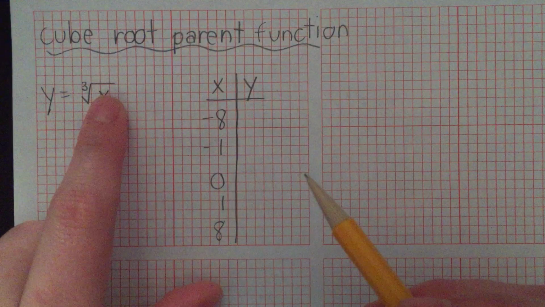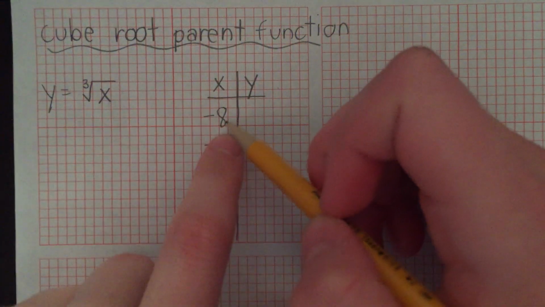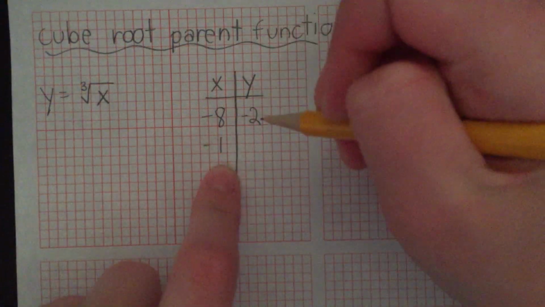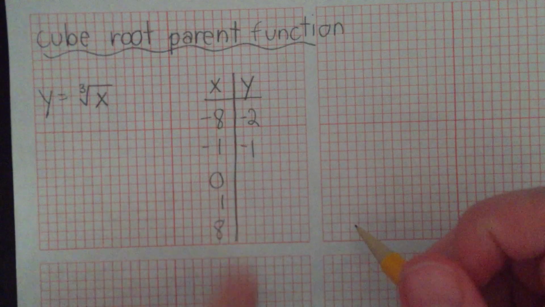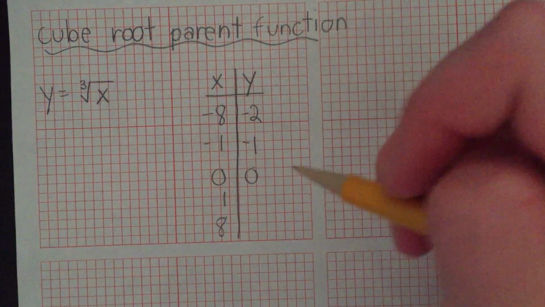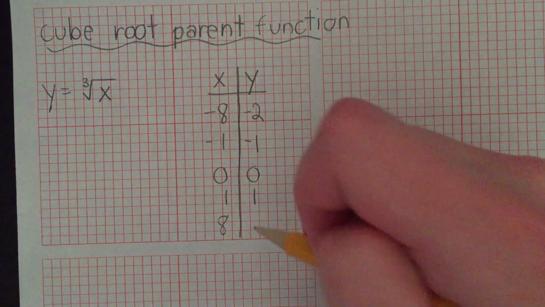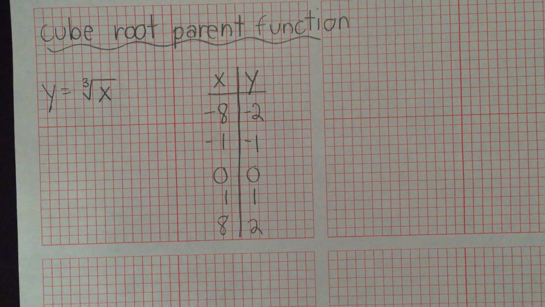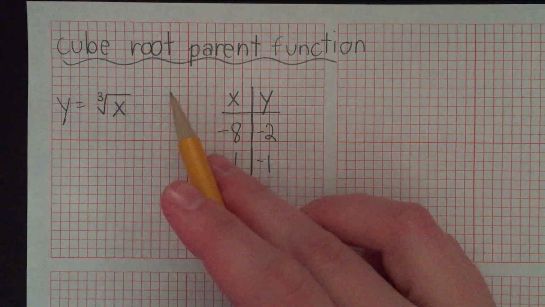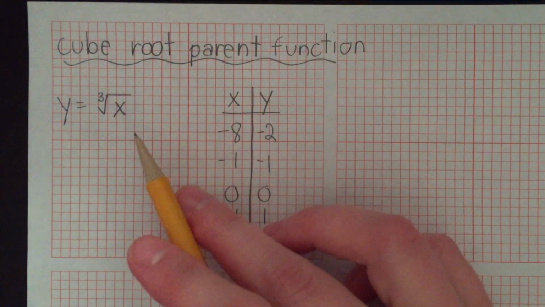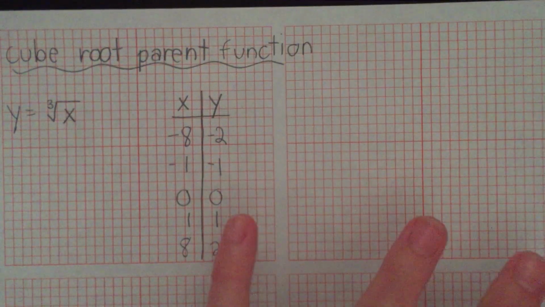So if I plug each of these in for x, the cube root of -8 is -2, cube root of -1 is -1, cube root of 0 is 0, cube root of 1 is 1, cube root of 8 is 2. Okay, and you should know that cubic and cube root are inverses of each other. We saw that when we solved. Okay, they cancel each other out.